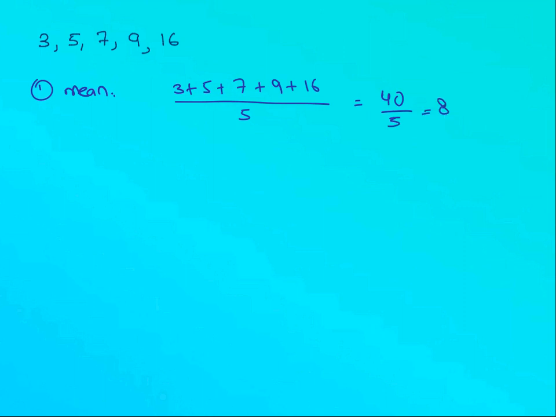So this is the mean, x bar. Now I will find x minus x bar mod individually. So I'll write 3 minus 8 mod, 5 minus 8 mod, 7 minus 8 mod, 9 minus 8 mod, 16 minus 8 mod.